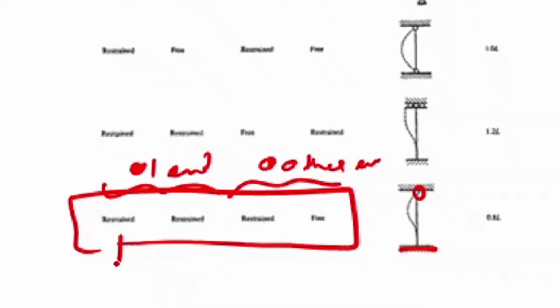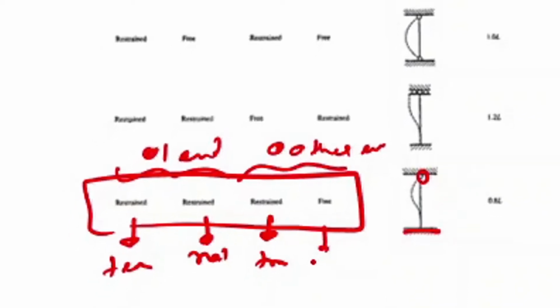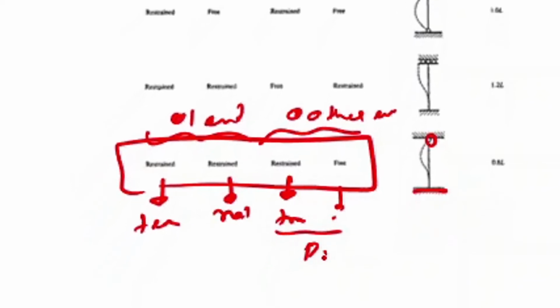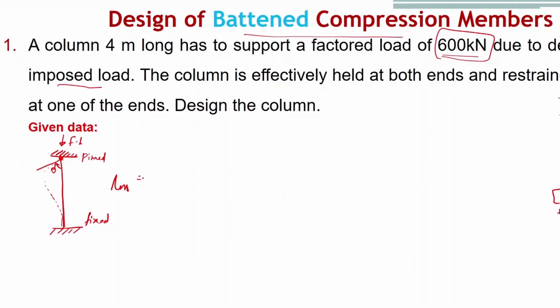And here, the translation is restrained, rotation is also restrained, that is fixed end. And at the other end, translation is restrained and rotation is free, that is pinned end. So fixed and pinned. For fixed and pinned end, effective length is 0.8 times the total length. So effective length of the given column is 0.8 times the total length.